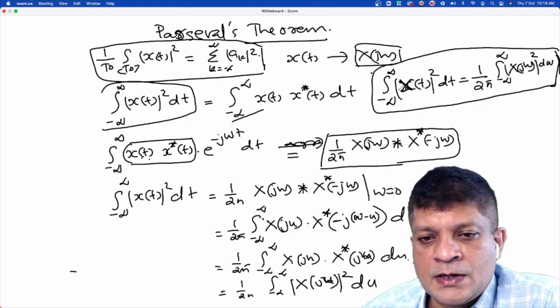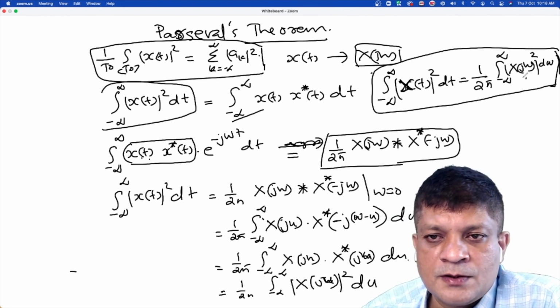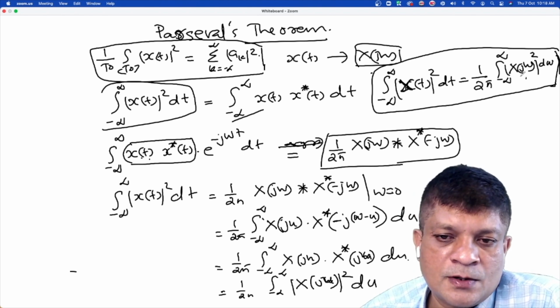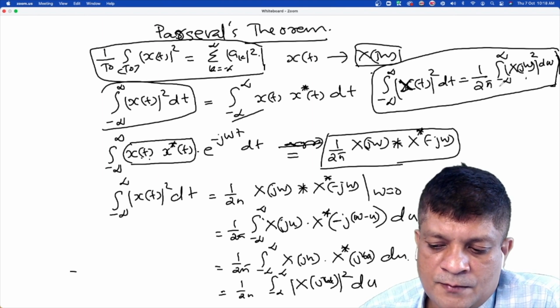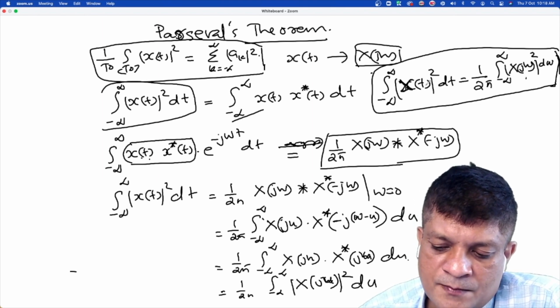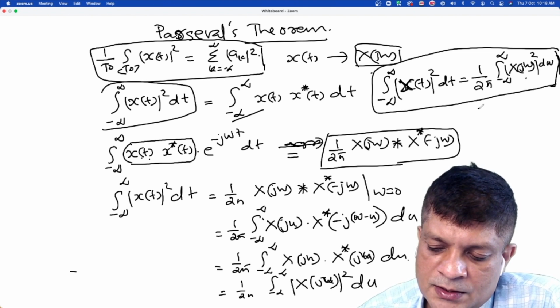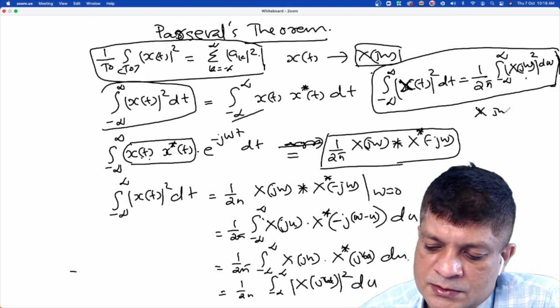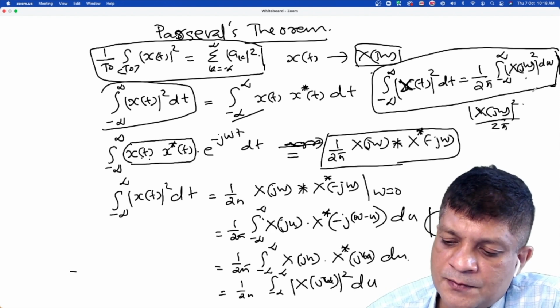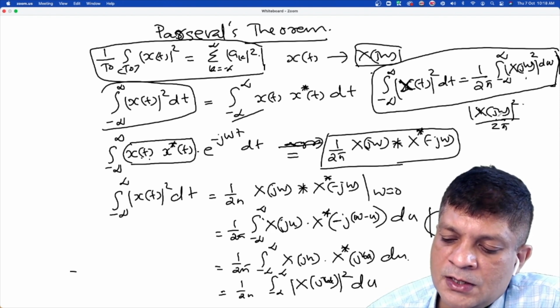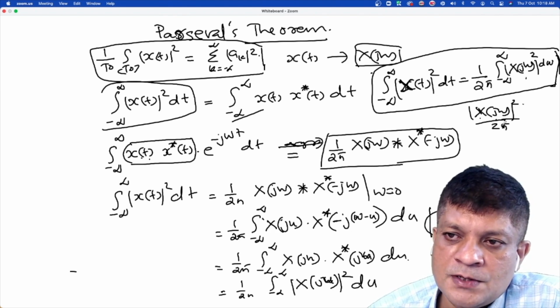We can find the energy of the signal from its spectrum, the Fourier transform of that signal. If you sketch |X(jω)|^2 divided by 2π, then it is the area under this, isn't it? The energy of the signal is the area under |X(jω)|^2/2π.